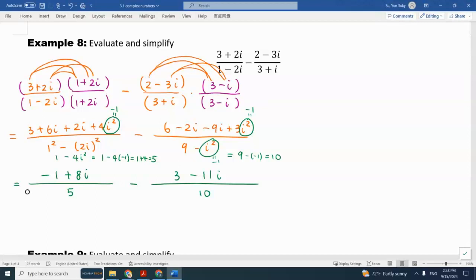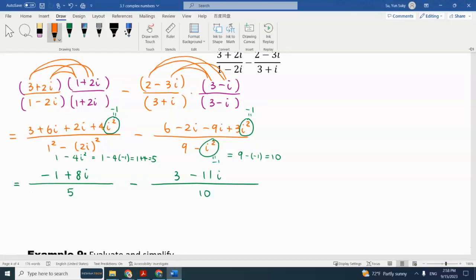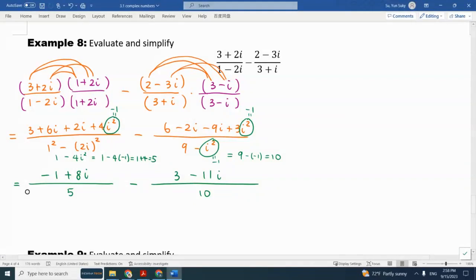Now I would say split the real parts and the imaginary parts. Okay, let's split them. So if we split them, this is what? Negative 1/5, and then minus or plus?